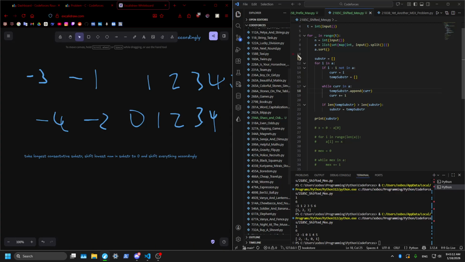It is a while loop inside of a for loop. Okay, well, whatever.